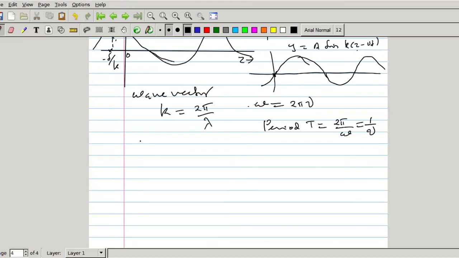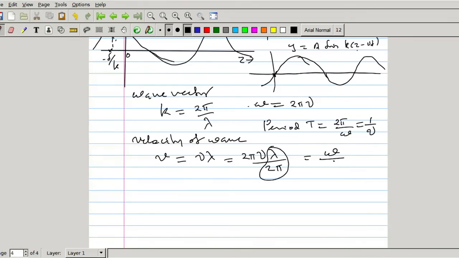So the velocity of wave v is equal to nu lambda. Multiplying and dividing by 2 pi, we get 2 pi nu into lambda by 2 pi. Since 2 pi by lambda is k, lambda by 2 pi is 1 by k, and 2 pi nu is omega, so this will be equal to omega by k.